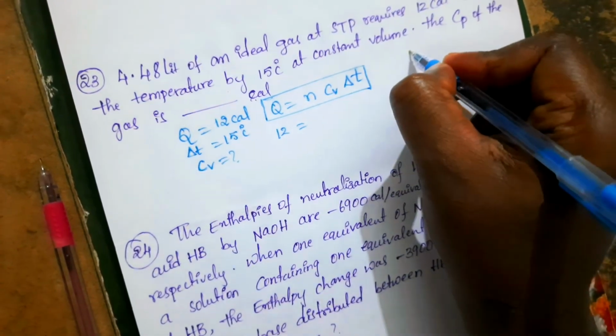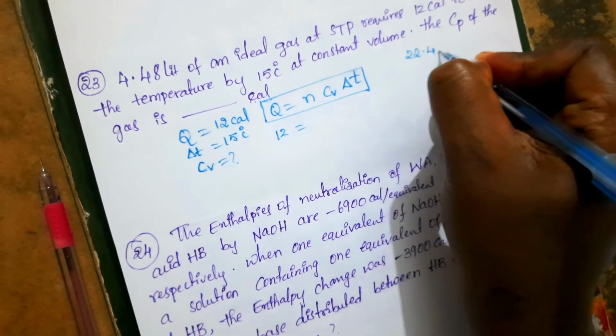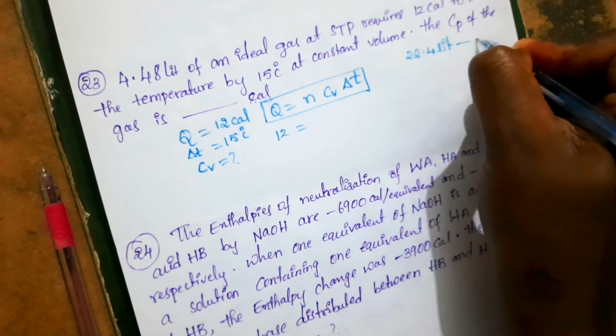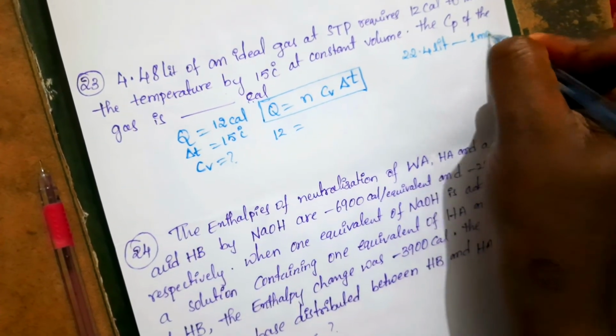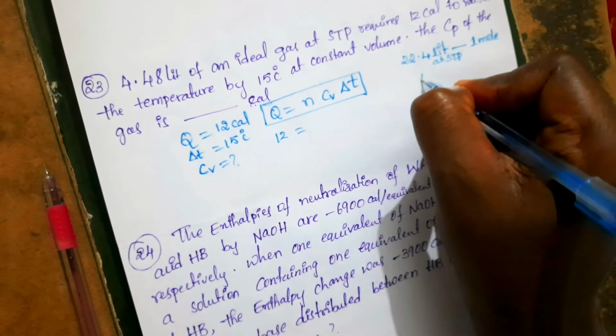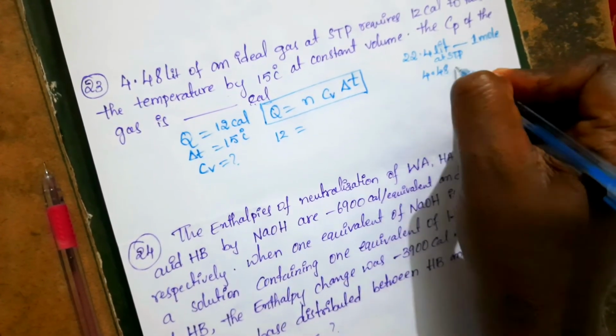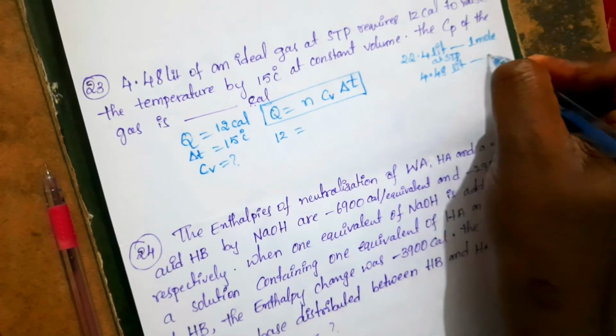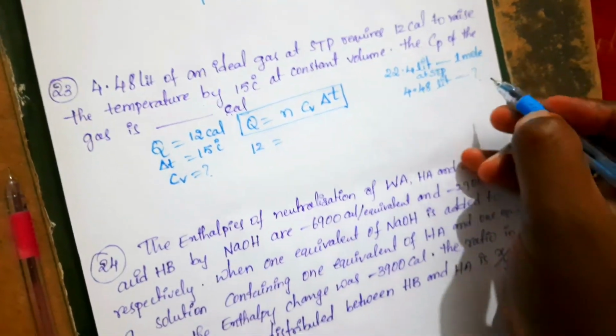We know that 22.4 liters is 1 mole of a gas at STP. But they have given 4.48 liters. How many moles will it be? It will be 0.2 moles.